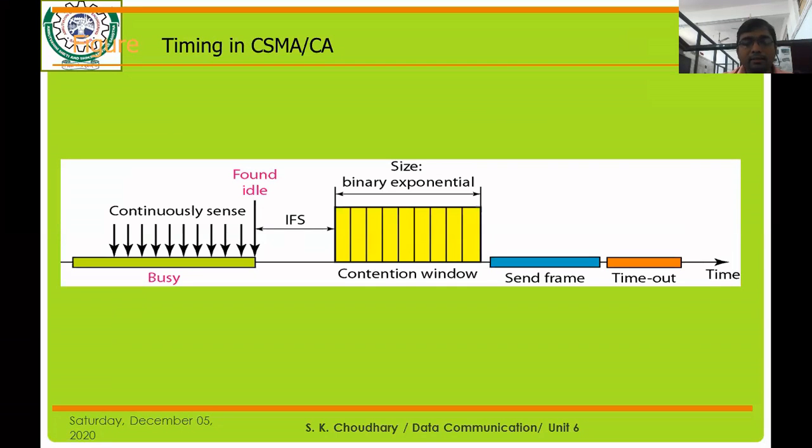There is another technique called CSMA/CA, the collision avoidance technique, where we have to wait for the interframe space time, and then a contention window is used for the retransmission. So in this time slot, it would send the frames again.